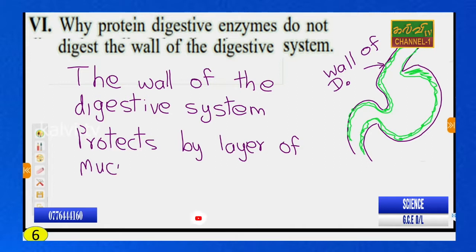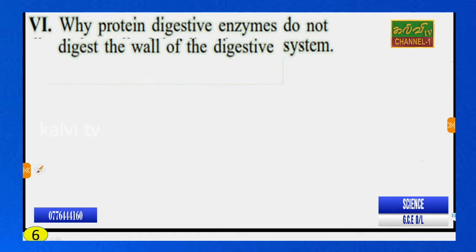Mucus is the substance that protects from the digestive enzymes. So this mucus layer helps to protect from the protein digestive enzymes. Okay, we will move to the next slide.